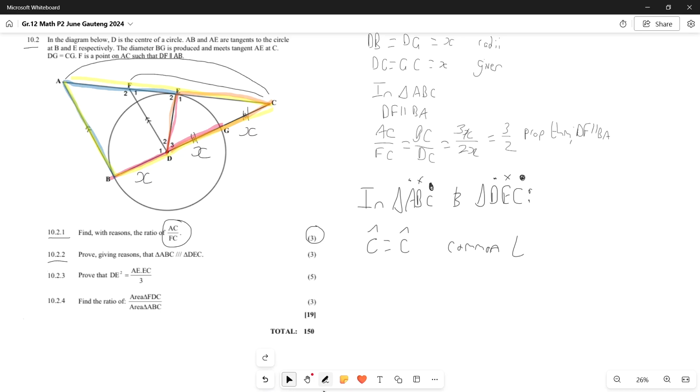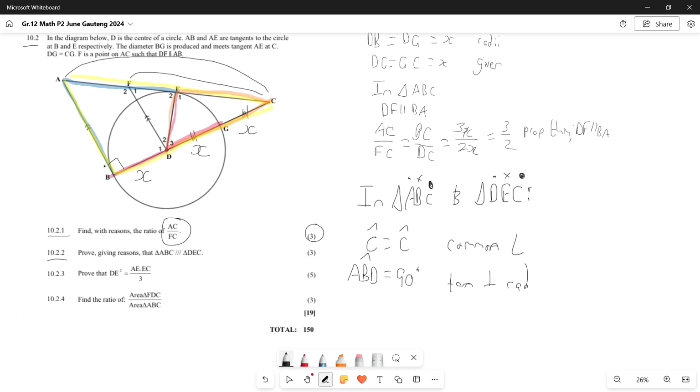Because in this scenario, we have this tangent here, AB, and it's meeting this radius here, BD, which means that this guy will be 90 because tan perp rad. So what we can say is angle ABD equals 90 degrees because tan perp rad.